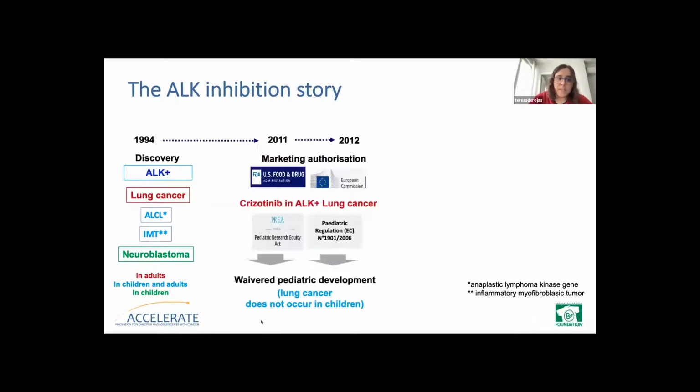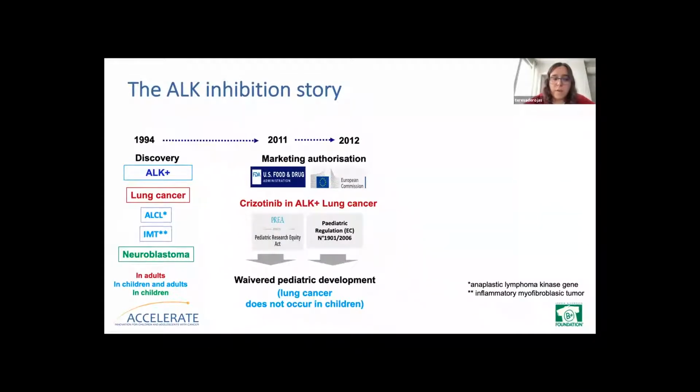In spite of this, the development of ALK inhibitors was totally focused on lung cancer, in the adult tumors. And some years later, in 2011 in the US and in 2012 in Europe, the first ALK inhibitor got marketing authorization, crizotinib, for lung cancer.